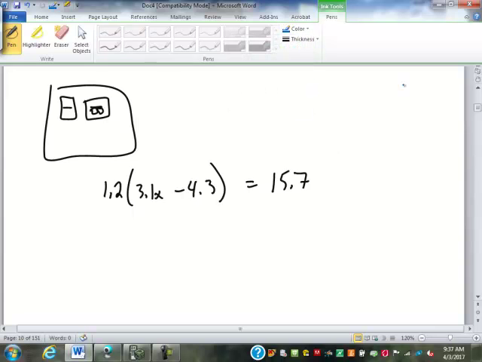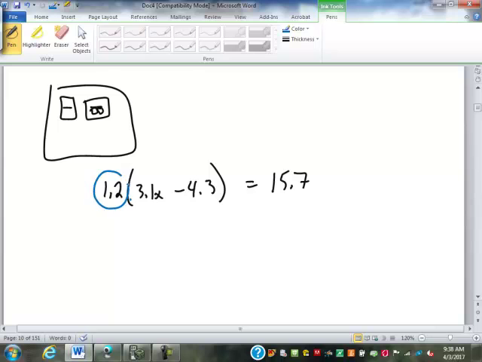So looking at this one, we have parentheses, which always should draw our attention. Is there anything I need to do inside those parentheses? No. So the next question is what do I need to do to the parentheses?